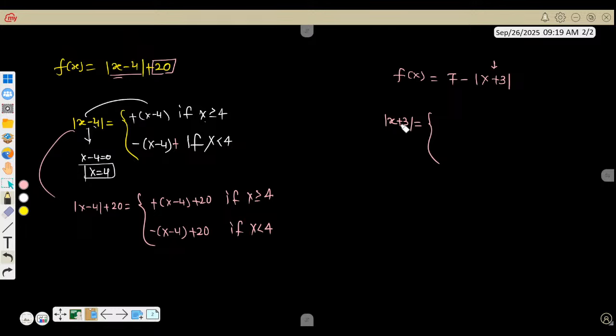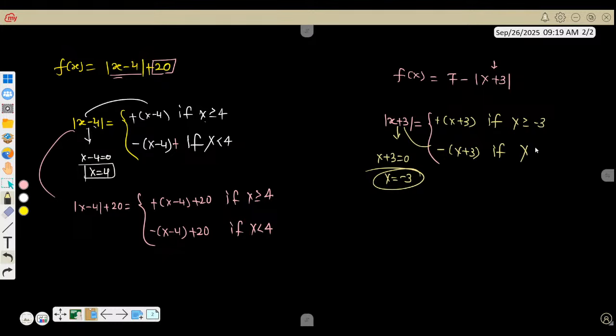Tell me, this entire function is positive, tell me the condition. Plus x plus 3 if x is greater than or equal to, not 3. When you set this equal to 0, you have negative 3. Please pay attention. Greater than or equal to minus 3, and this entire function is negative if x is less than minus 3, right?